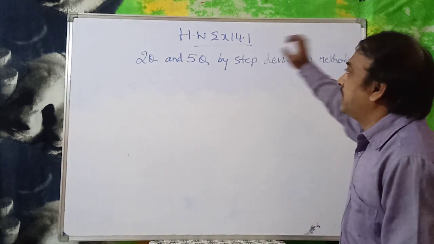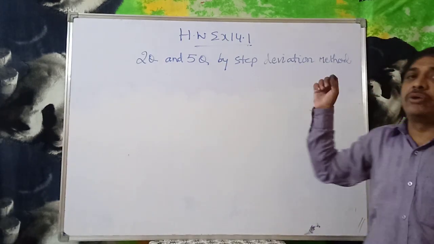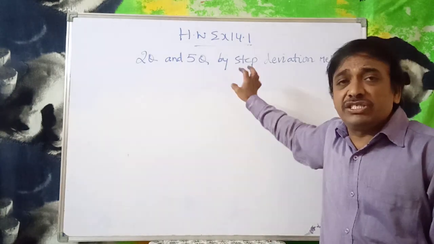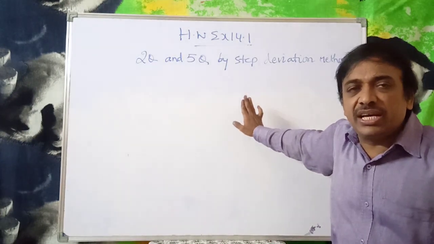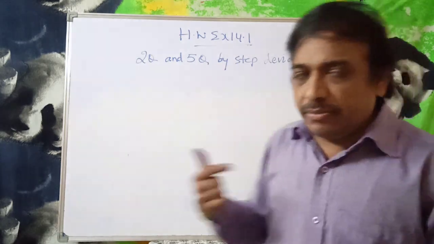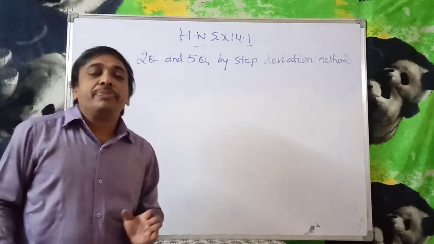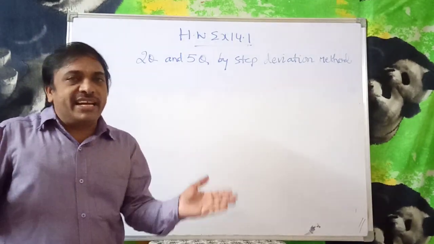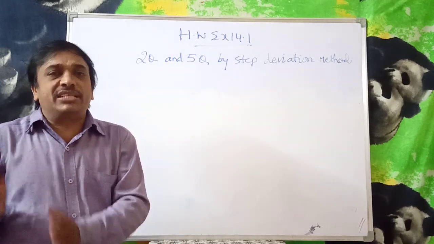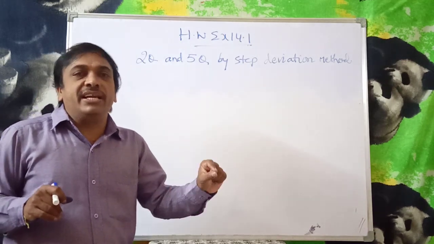Questions number 2 and 5 by the step deviation method you have to finish as homework. Which method are you doing? Step deviation method. If you have any doubts in this method, you can clarify them in the next session. Whatever method you use, finally the result will be the same.